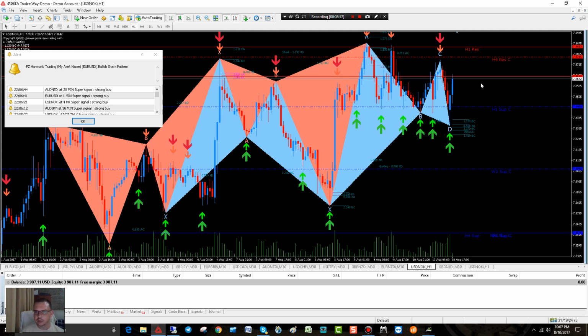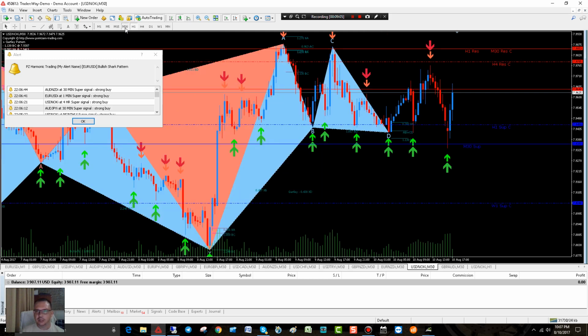So it's probably going to go back up to this level, but I can't tell for sure. And then on the 30-minute, same thing. It's pointing up. Soon it will catch another super signal pointing down.